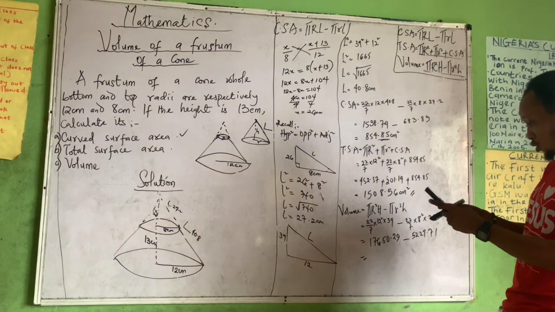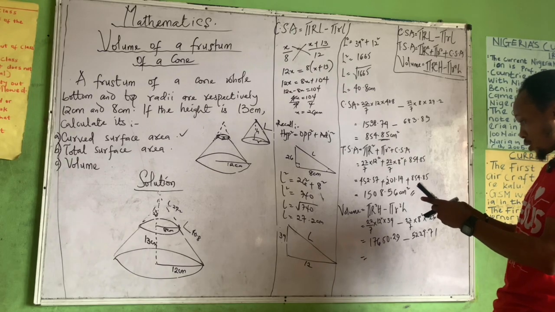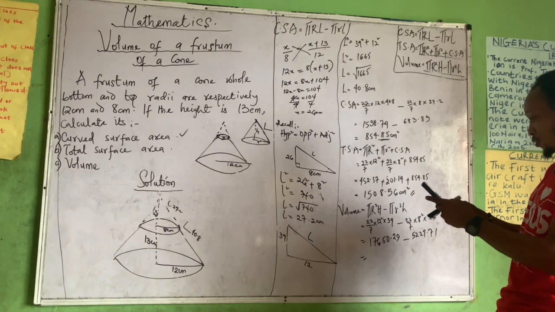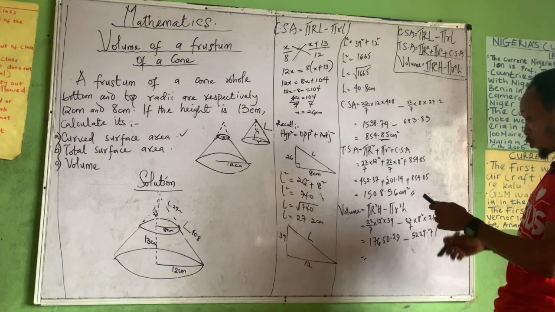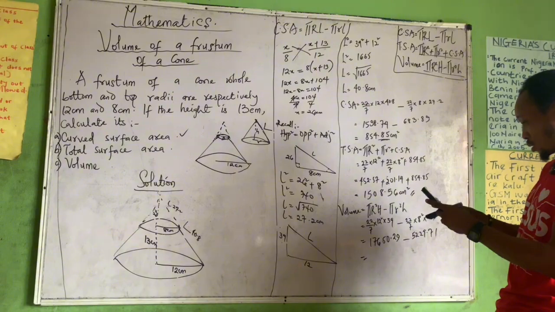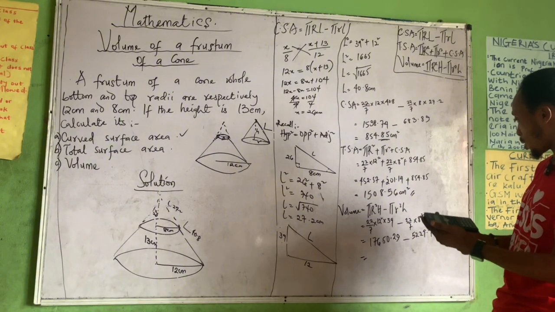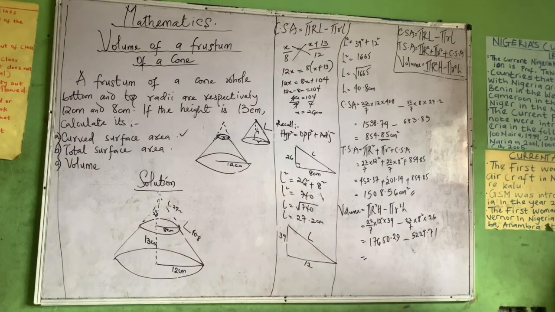Okay. 22 times 8 square times 26 divided by 7, so we have 5229.71. So 17650.29 minus the answer. Okay, I'm coming to check something.